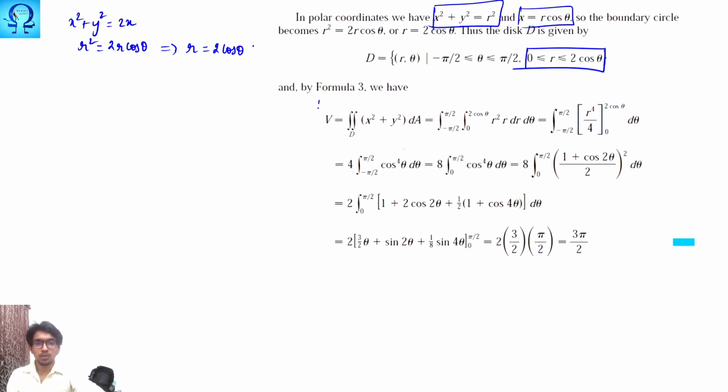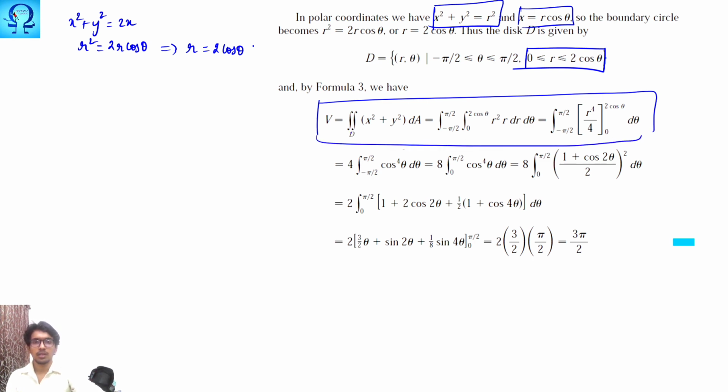Using this, we substitute things here: x square plus y square is going to be r squared, and dA is r dr d theta. We integrate with respect to r initially, and then with respect to theta. Then here we have cos power 4 theta. How are we going to do it? Cos square theta can be written as 1 by 2 times of 1 plus cos 2 theta. We just do it and then square it.